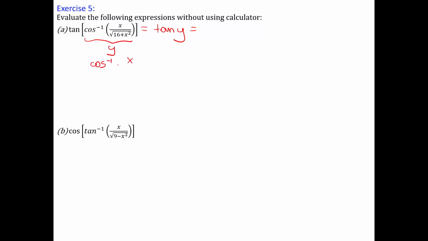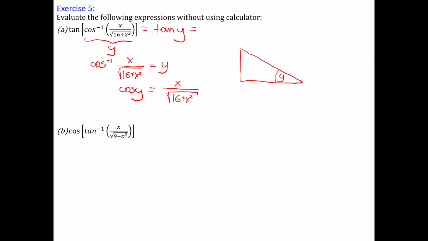Inverse cosine of x over the square root of the quantity 16 plus x squared equals y. Let's reverse: then cosine of y equals that ratio, x over square root of 16 plus x squared. Beautiful. Now we can build a triangle. This is angle y.